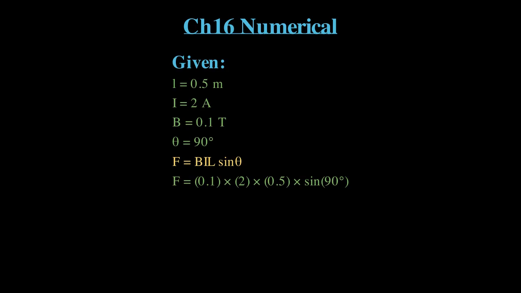Finally, we calculate the result. 0.1 times 2 is 0.2, and 0.2 times 0.5 is 0.1. So F equals 0.1. Therefore, the final answer is, the force experienced by the conductor is 0.1 newtons.